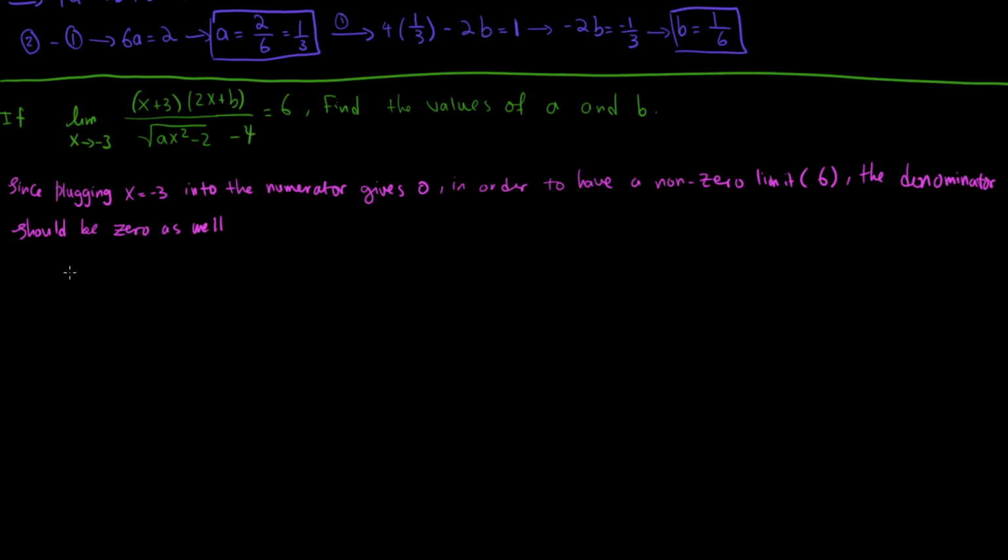So that then we have an indeterminate form, and then simplify it, and then possibly get 6.